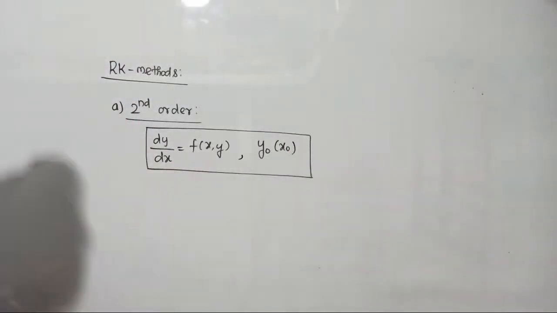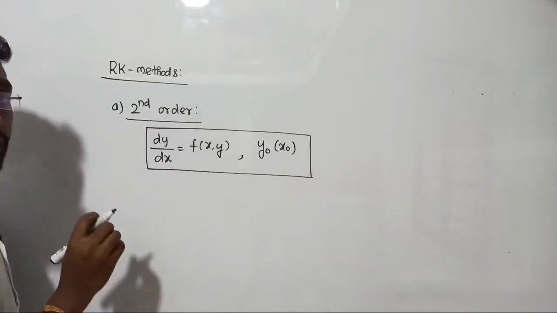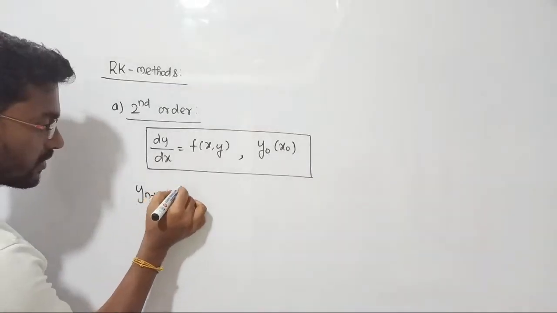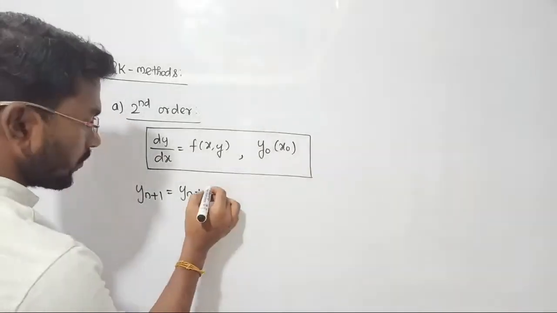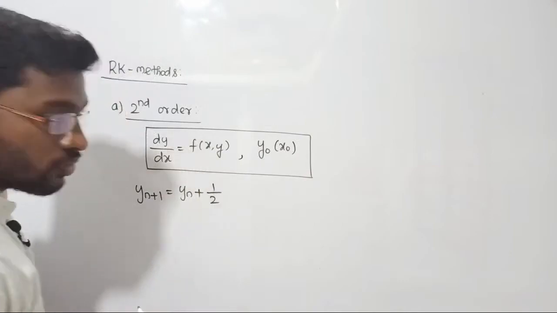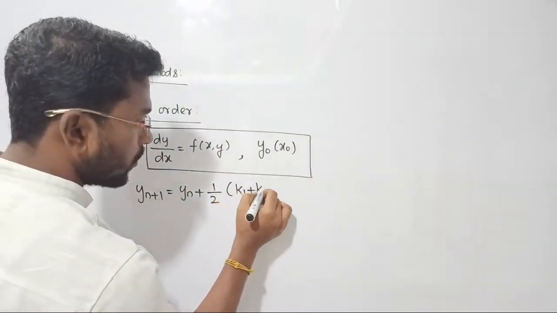Now with this, if I have second order equations, then the solution is what, right? The solution for the function is, right? So in order to obtain yn plus 1, once again same formula yn, but here we are doing slight modifications. Here you are supposed to consider 1 by 2, in bracket k1 plus k2.